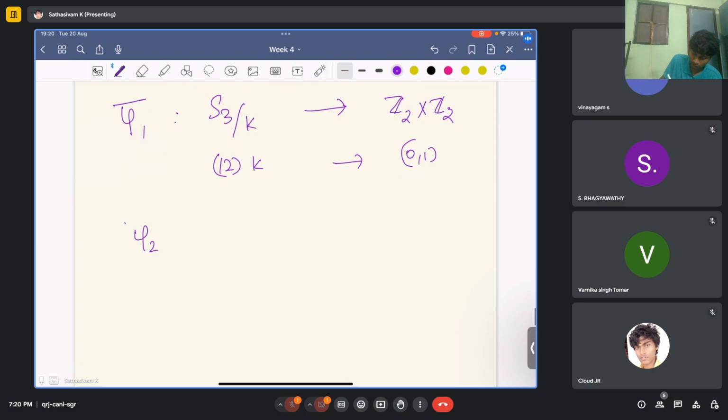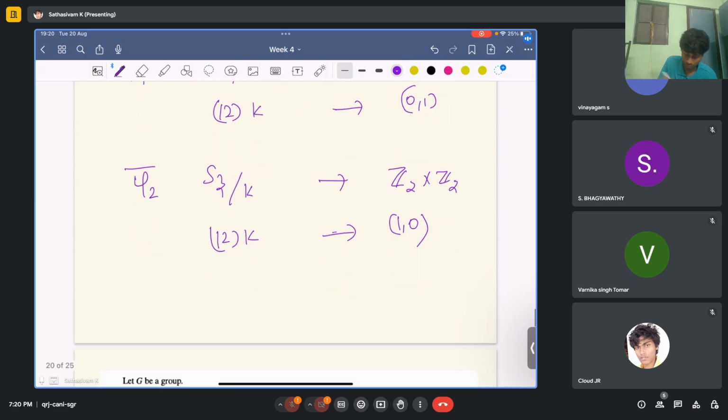And you have phi 2 bar, which goes again from S3 by K to Z2 cross Z2, and this maps 1 plus K to (1,0). There is another homomorphism, phi 3 bar, from S3 by K.